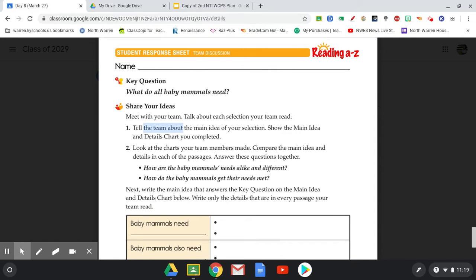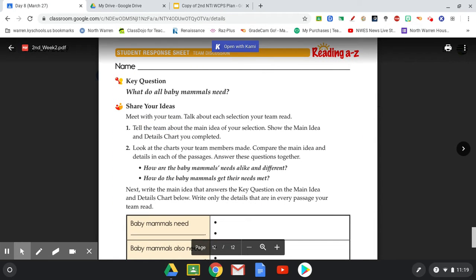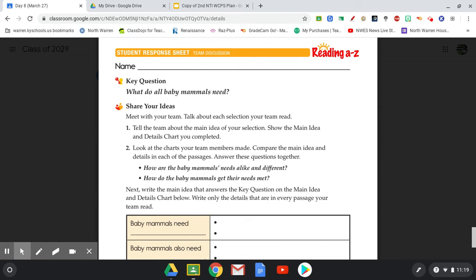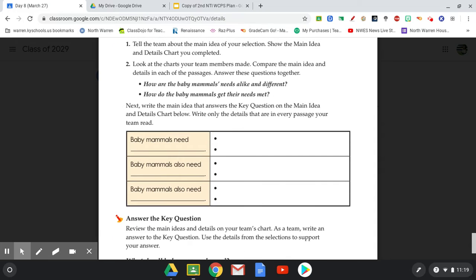On the back, you are thinking about how baby animals' needs, so what they need to survive, are alike and different. Okay. So you're thinking that baby mammals need this. Baby mammals also need this. Baby mammals also need this. And you're picking that from your kangaroo story. Okay.